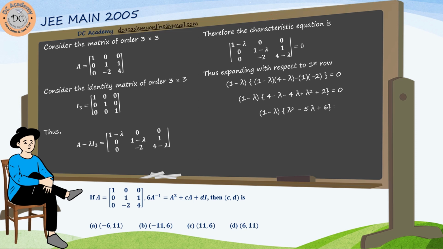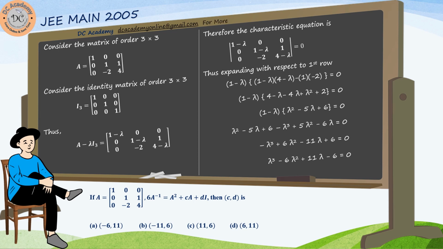The only difficulty in this particular problem is this step, and it's very simple. After simplification, we get the final characteristic equation as lambda cube minus 6 lambda square plus 11 lambda minus 6 equal to 0. Here we make the coefficient of lambda cube 1 because it looks good. So we get the characteristic equation of the given matrix A.